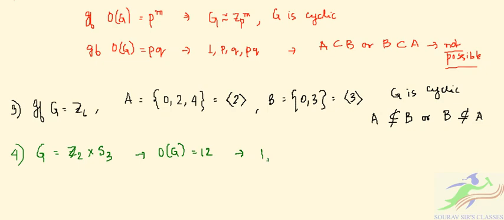You can find 1, 2, 3, 4, 6, and 12 is another divisor of 12. So G has a subgroup of order m, but G is not abelian in this case.